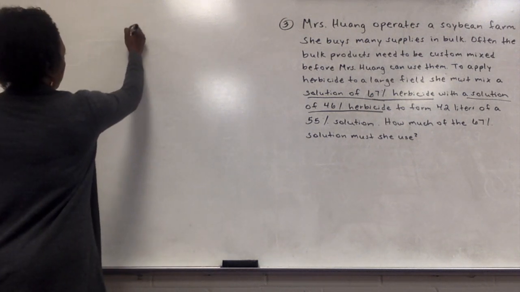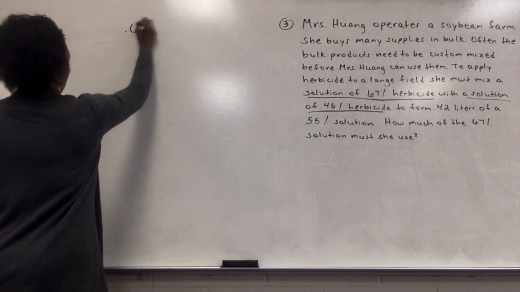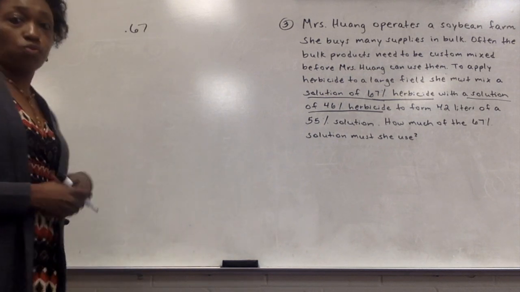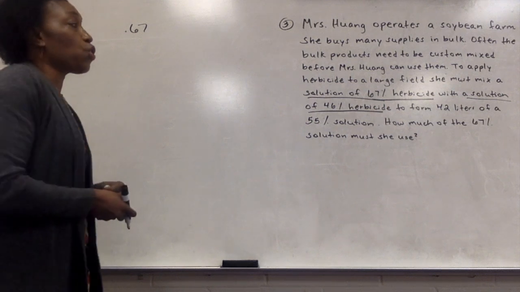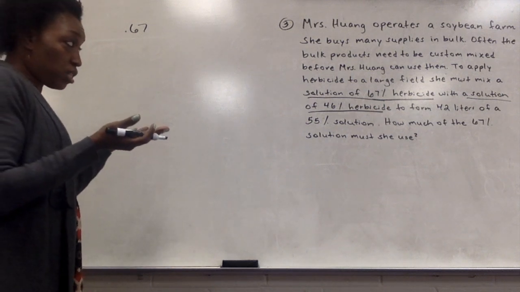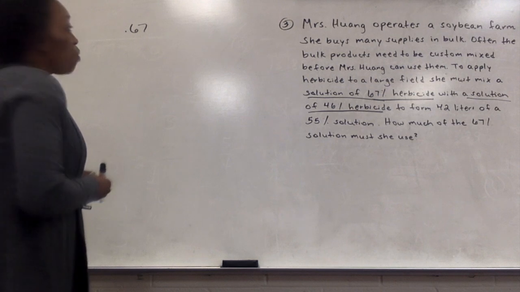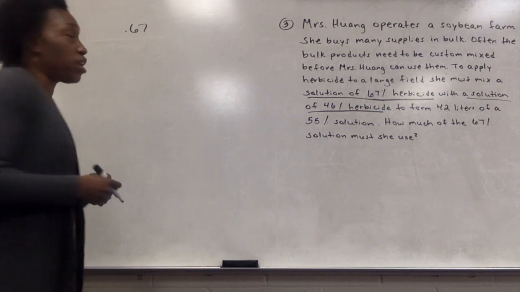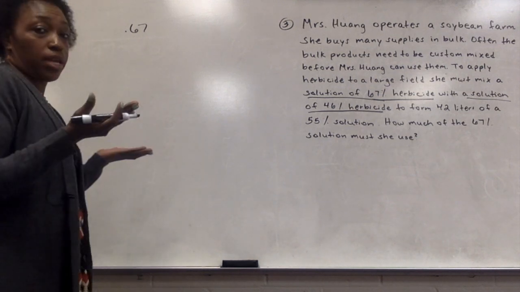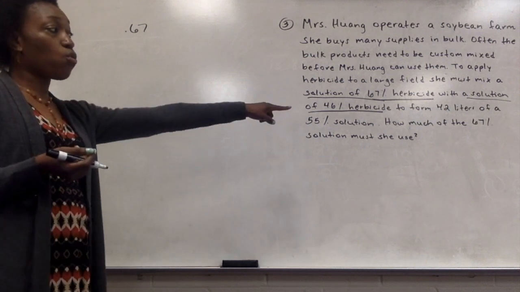So we have the two things we're adding. We're adding our 67%, and because remember with percents we're going to change them to decimals, so 67% of herbicide multiplied by the liters, and in this case we don't know how many liters because that's our question.